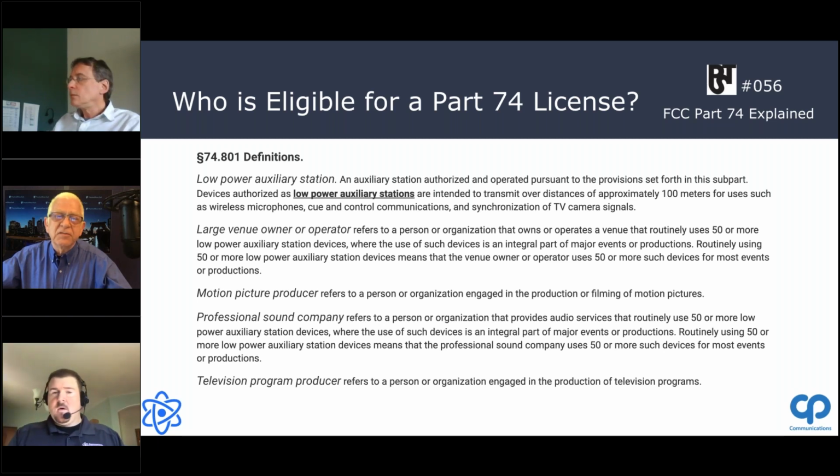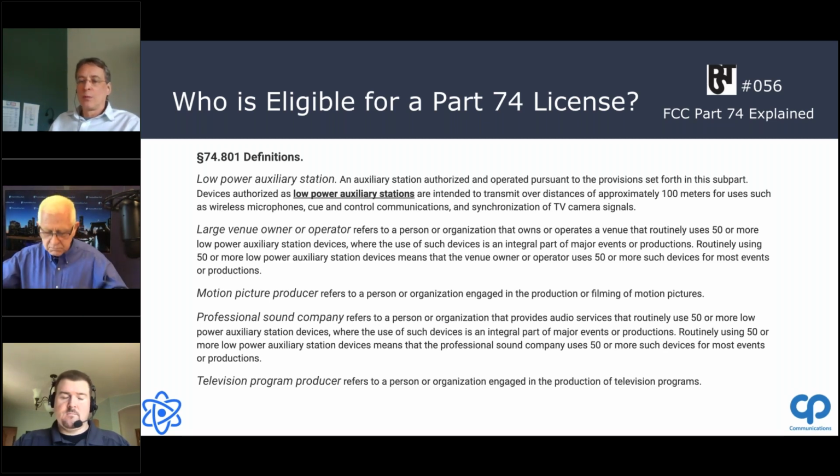So they don't need a Part 74 license. Not for the guard band. If you're talking about operation in the duplex gap, well, I think the B unit will go in both places. Then if that unit can tune to 653 to 657, I would have to go look at the authorization on that particular piece of equipment, but that means the equipment in theory should only be certified for Part 74 users.